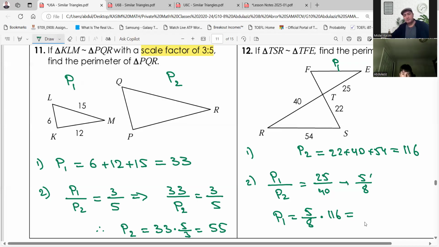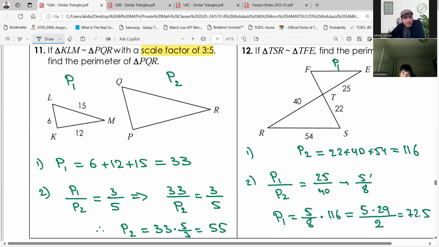How much did you get? 25 over 40, by 5 it is 5, by 5 it is 8. Why do I get a different answer here? So the answer is 145 over 2, that is 72.5.